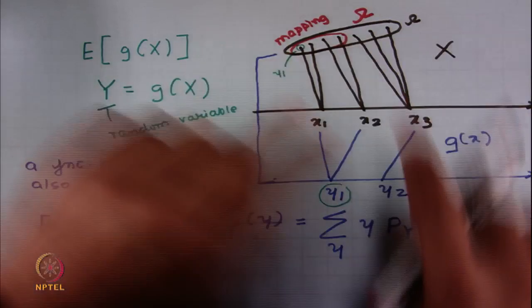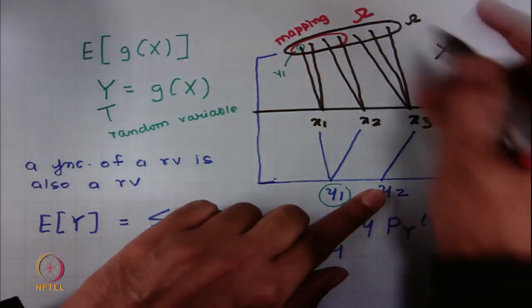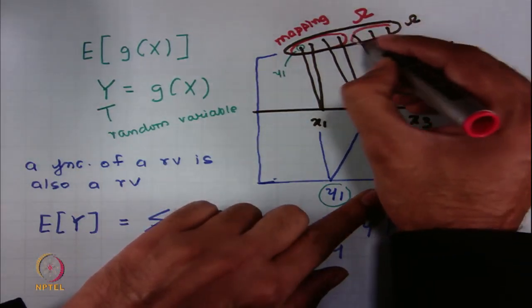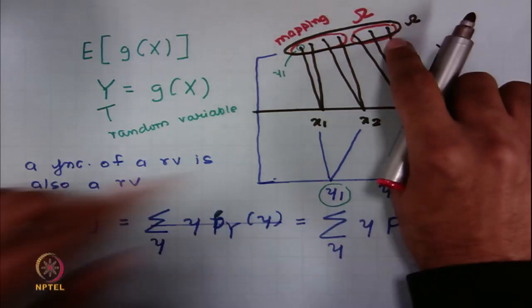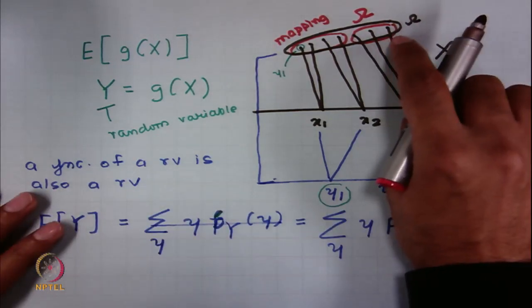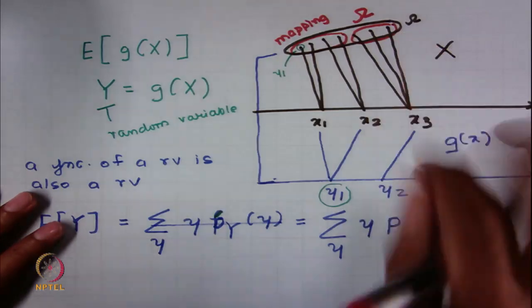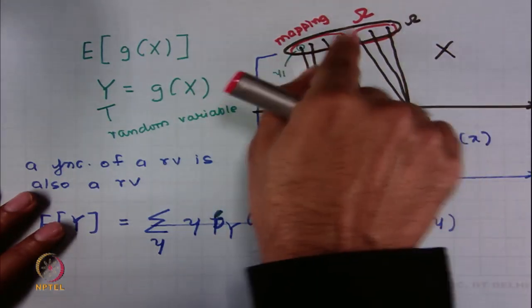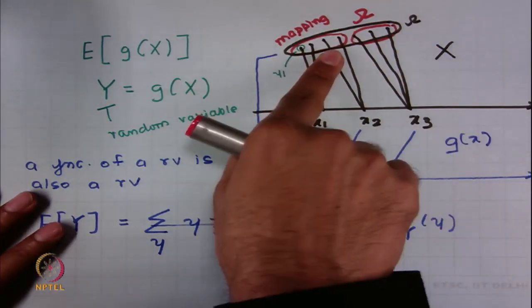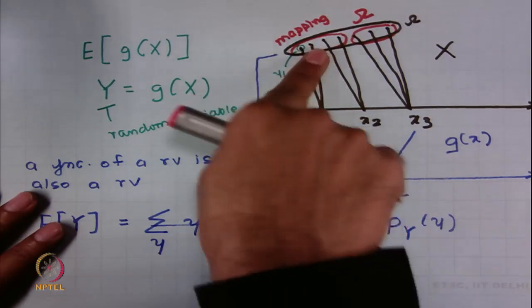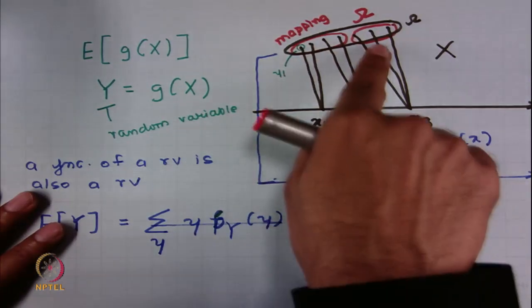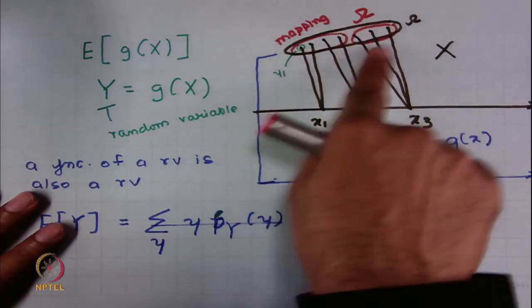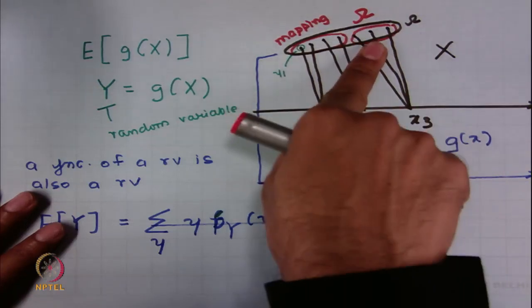You take y2 and multiply with the probability of any outcome within this set to happen.